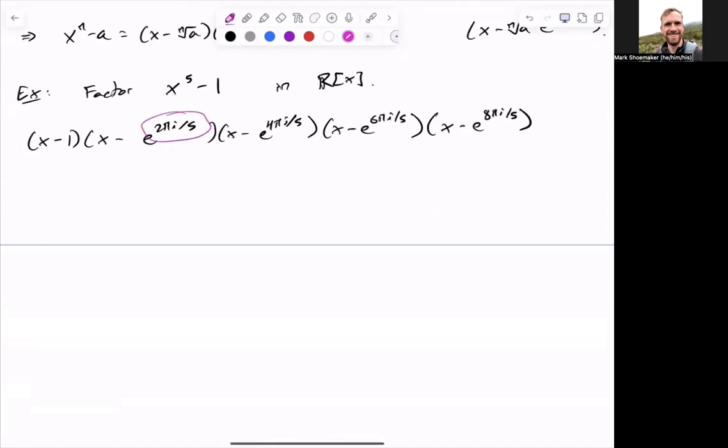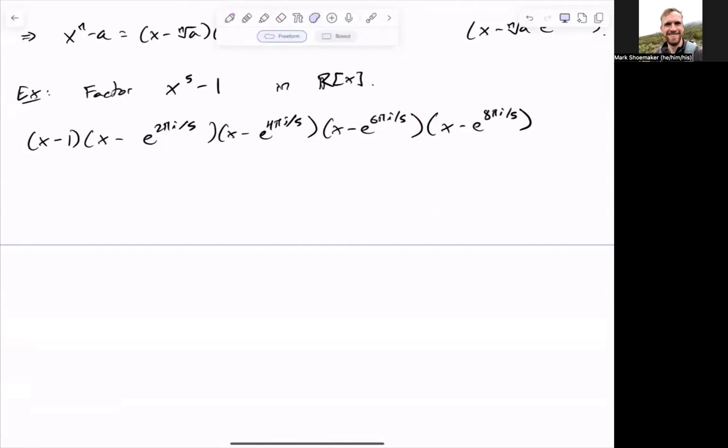But since 2 pi over 5 plus 8 pi over 5 is 10 pi over 5, which is a multiple of 2 pi, that means these two are conjugate to each other. And similarly, these two are conjugate to each other because 4 plus 6 over 5 is also 2.